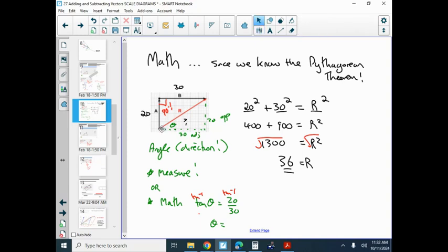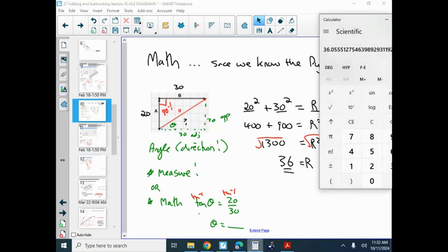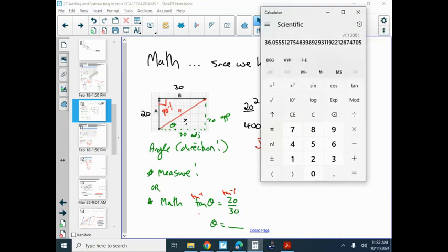Tan inverse to get rid of it gives you the number. So in this case, the angle would be tan inverse of the 20 over the 30. So 20 divided by 30, and we do tan inverse. In this calculator, I have to hit that little button there, do tan inverse.